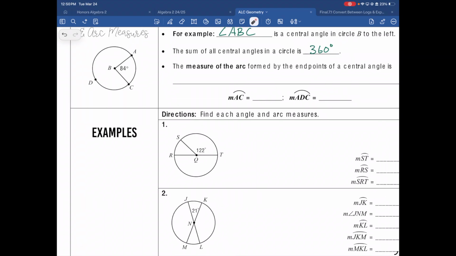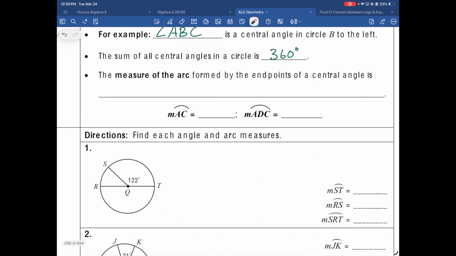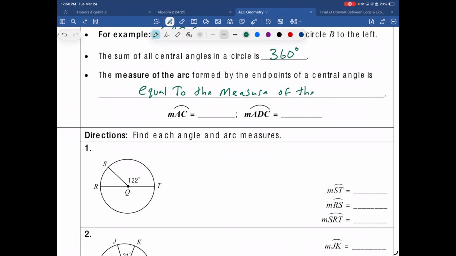Now here's the part that's important for today. The measure of the arc formed by the endpoints of a central angle is equal to the measure of the central angle.